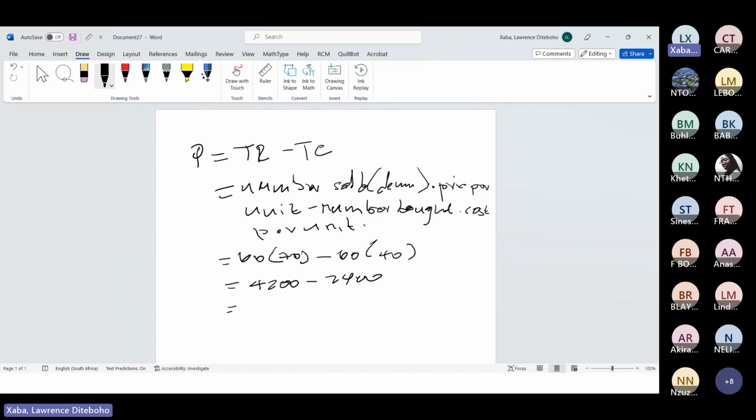Then we want the difference. That is our profit. Questions?